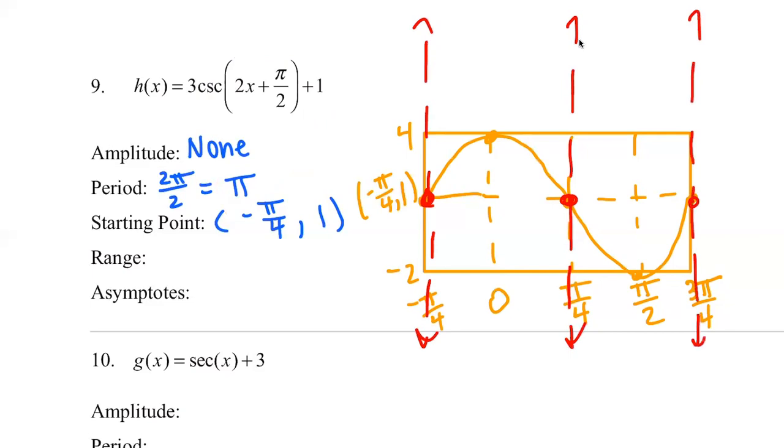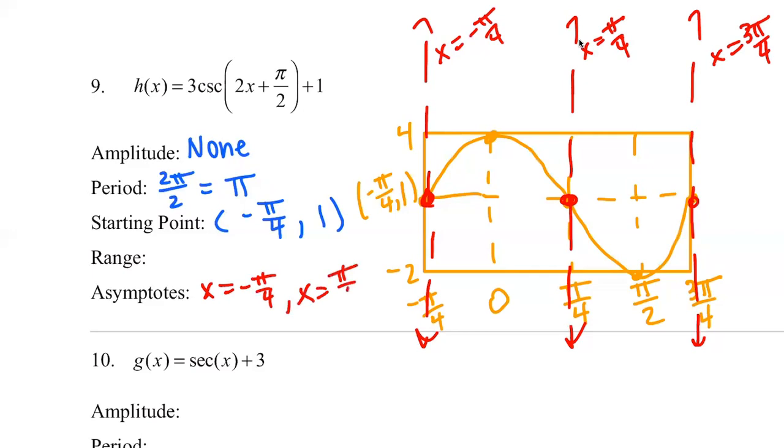So we have asymptotes at x equals negative pi over 4, x equals pi over 4, and x equals 3 pi over 4. Please make sure you write those as lines. If you write them as numbers, you will not get credit. These coordinates right here is where we will draw our U's.